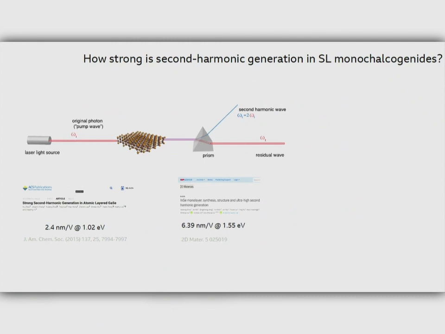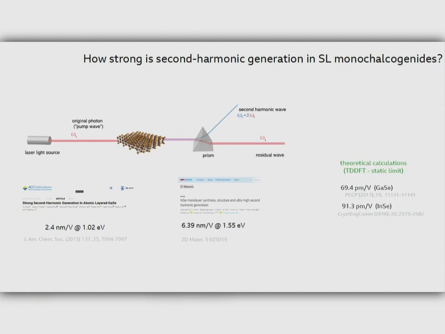So we were very surprised and puzzled when there were experimental reports of very strong second harmonic generation in gallium selenide and indium selenide. Those values are about two orders of magnitude larger than what is observed for the bulk counterpart.